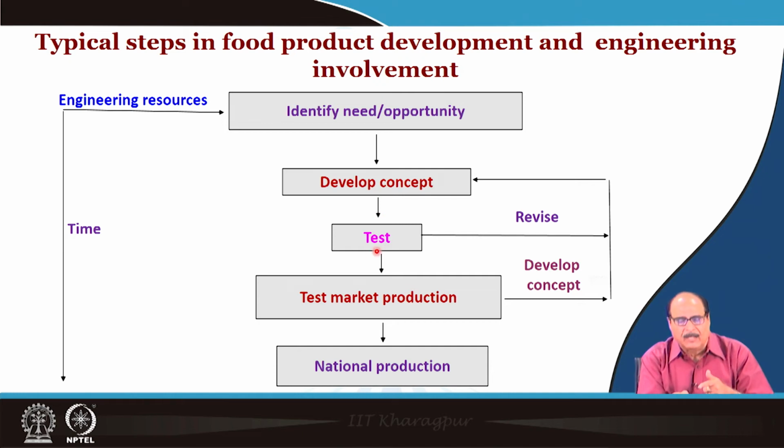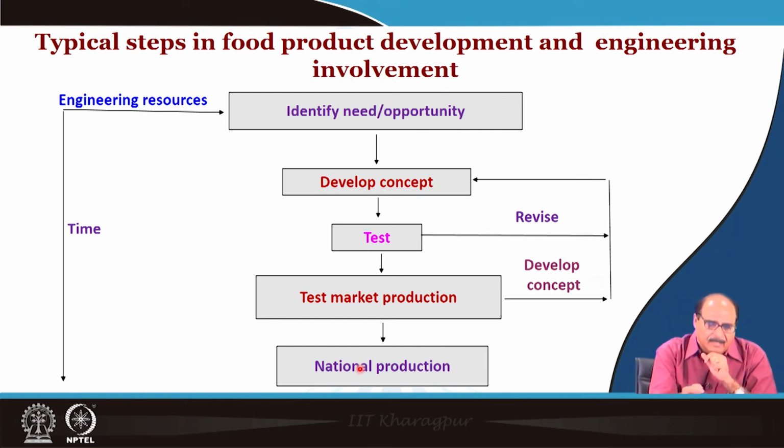Sometimes what happens is that your concept tests positive in the laboratory, but when you go for large scale production or market production, your technology fails. In that case it means that in your concept itself there is something wrong. So you have to develop a new concept, and you should continue until, in large scale production, you find that the product has the desired attributes.